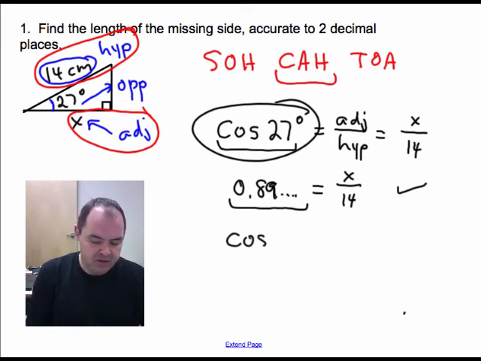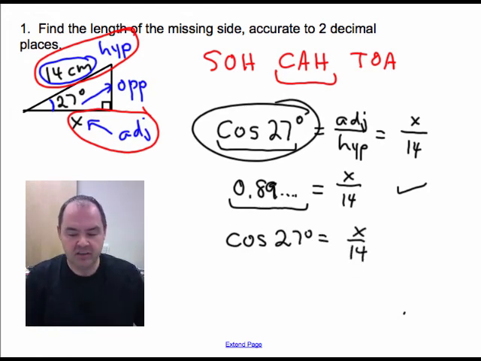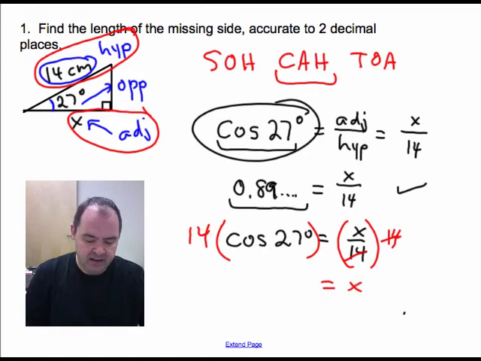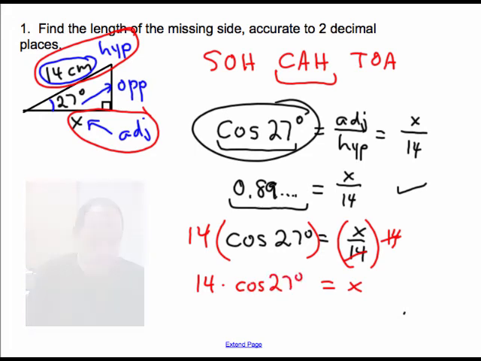So I have cosine 27 degrees is x over 14, and this is an equation involving fractions. So to clear my fractions, I can multiply both sides of this equation by 14, which crosses the 14 off on this side. In other words, x is 14 multiplied by the cosine of 27.